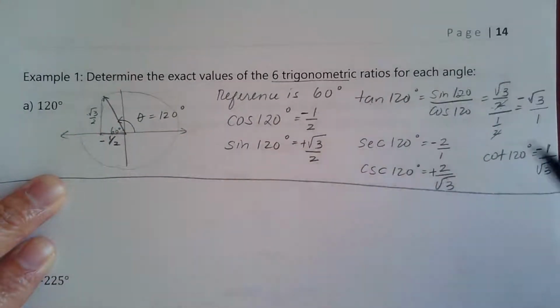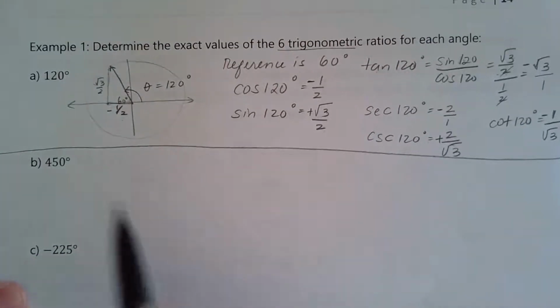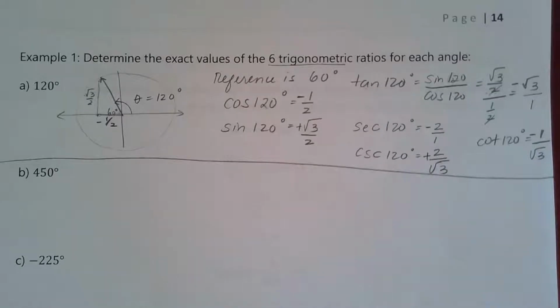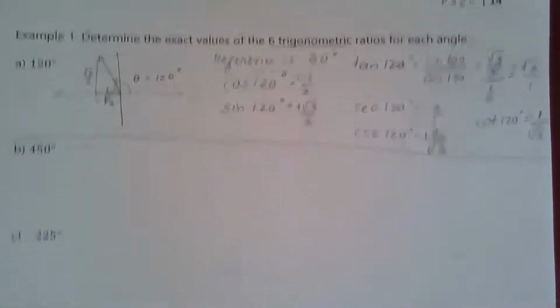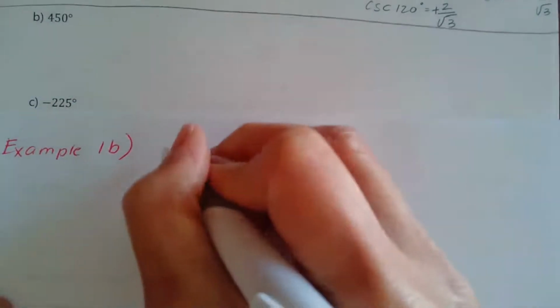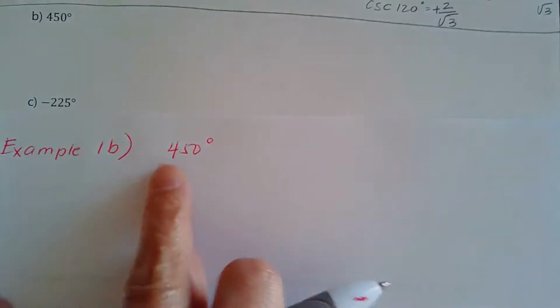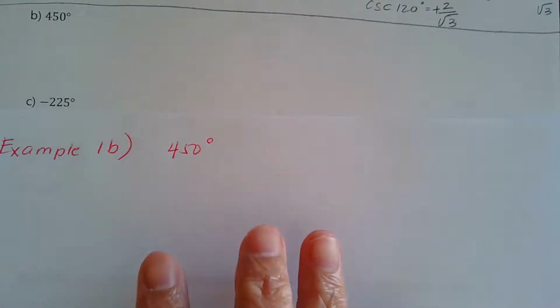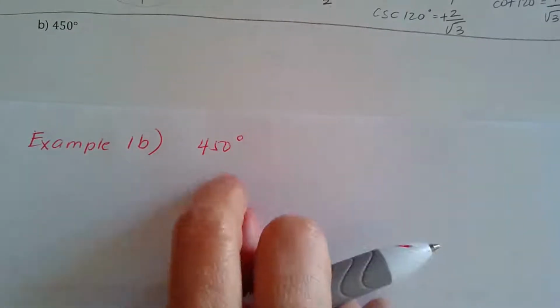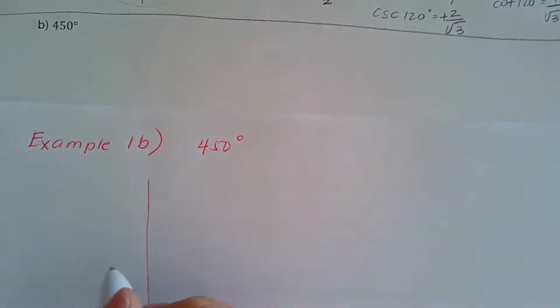Okay, so let's go ahead to this one in here. I feel like I'm always running out of room, so I'm gonna just do example number 1B. It's going to be 450 degrees. So we're trying to figure out the 6 trig ratios for that. Well, where is 450 degrees?